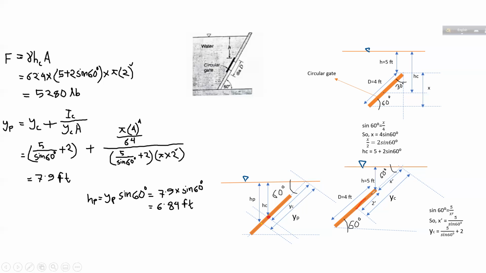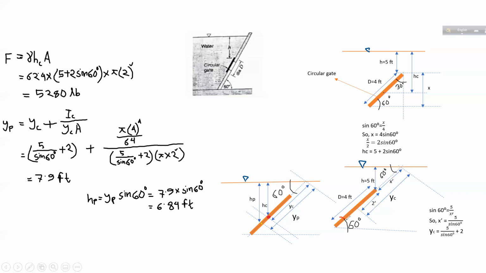Now, how can we find YC? We know that half of this diameter will be equal to 2 feet, and the centroid lies at a distance of d by 2 for a circle. But from this reference axis, it will be equal to x dash plus 2 feet. We know that this length is 2 feet. So what is x dash?